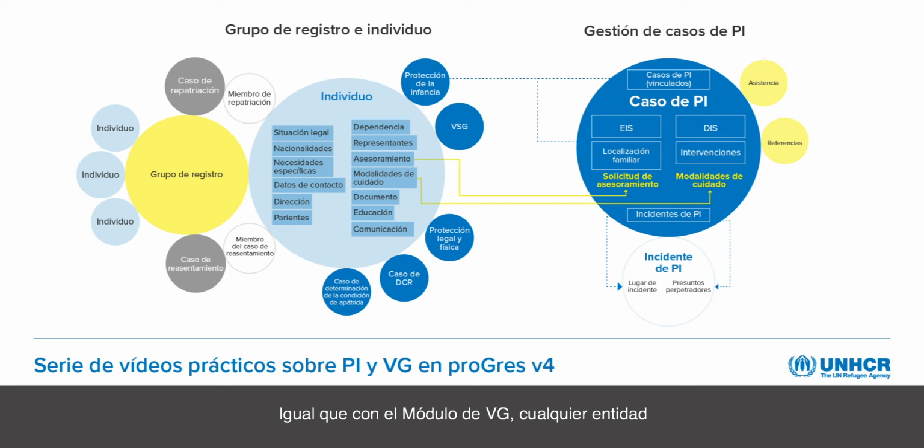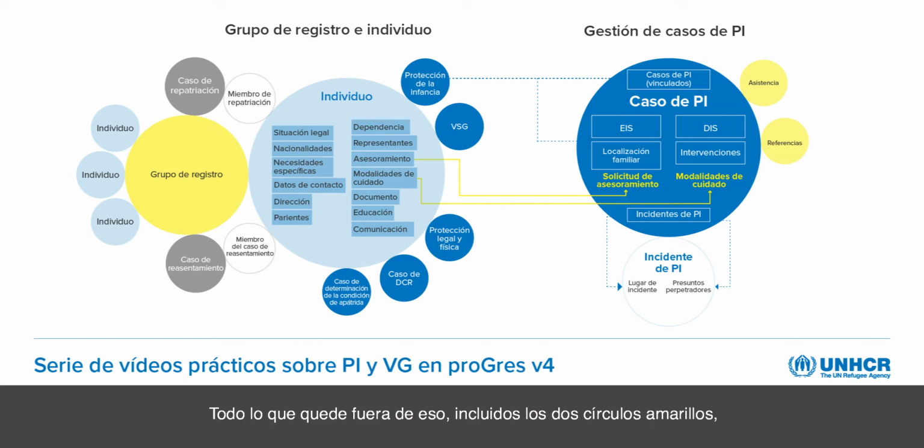Similarly to the GBV module, any entity that falls within the CP case circle has a higher level of security that has been designed specifically for child protection and SGBV data.